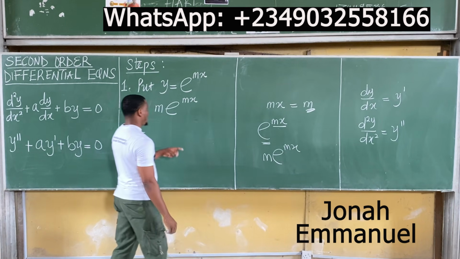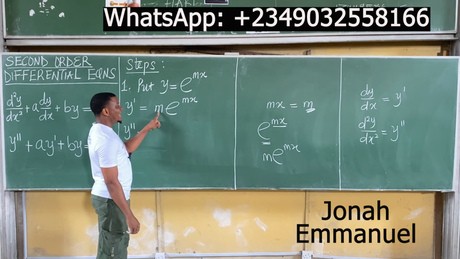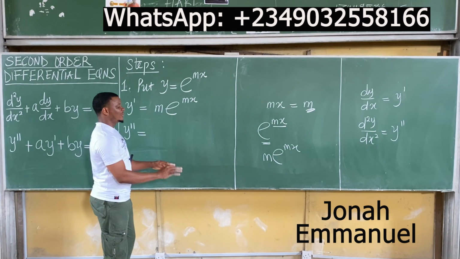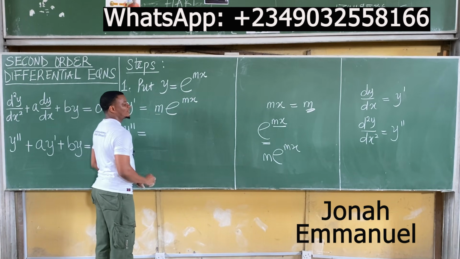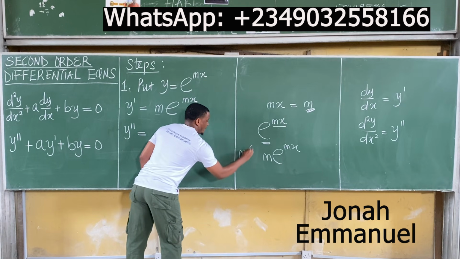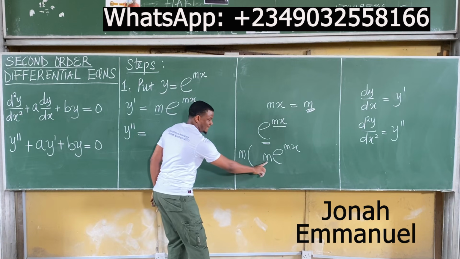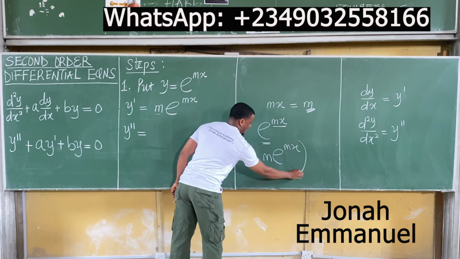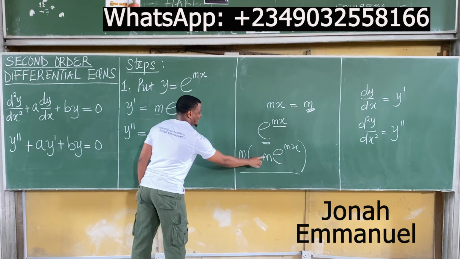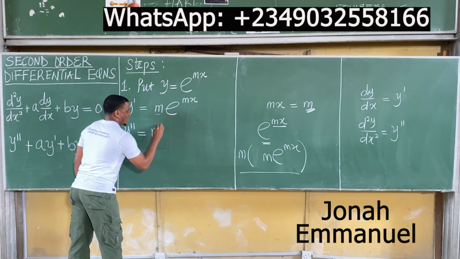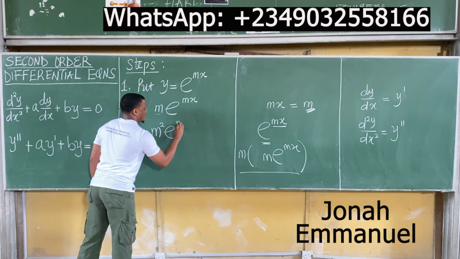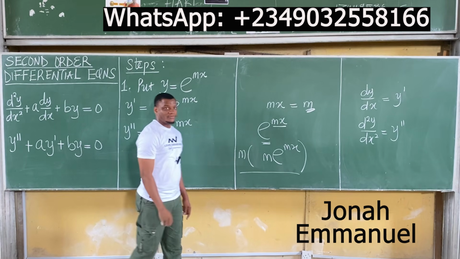In essence, if I have to differentiate m exponential mx, keep m out, which is m, then differentiate exponential mx, which gives m exponential mx. Now combine everything. Multiply this and this. What do you have? m squared exponential mx. That's all.